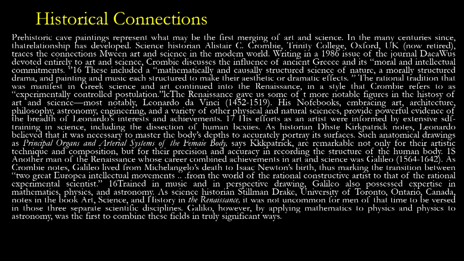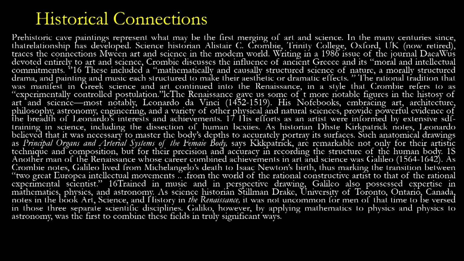Writing in a 1986 issue of the journal devoted entirely to art and science, Crombie discusses the influence of ancient Greece and its moral and intellectual commitments. This included a mathematical and causally structured science of nature, a morally structured drama, and painting and music, each structured to make their aesthetic or dramatic effects.